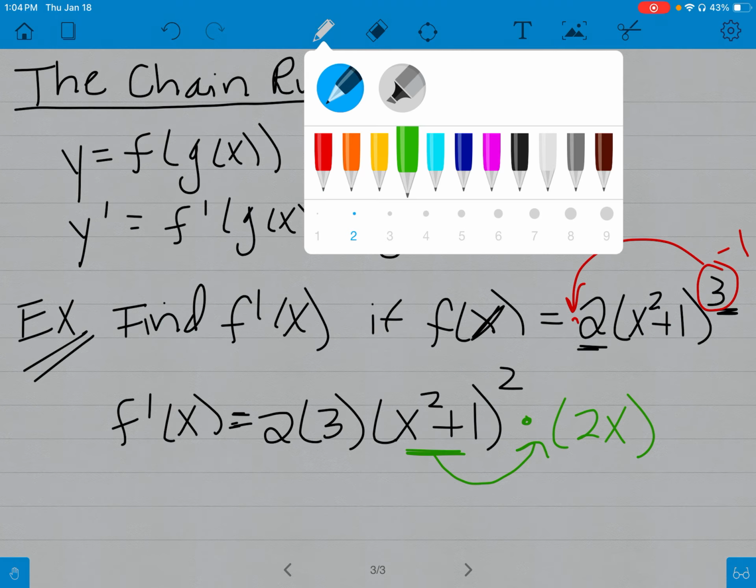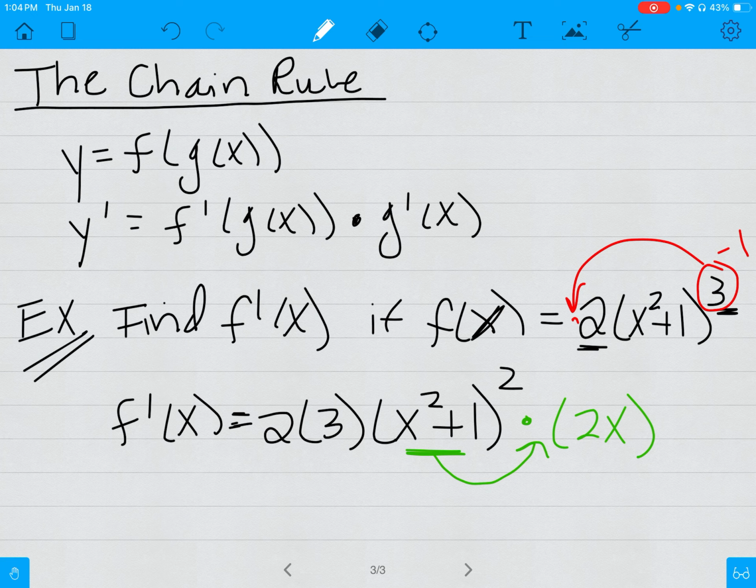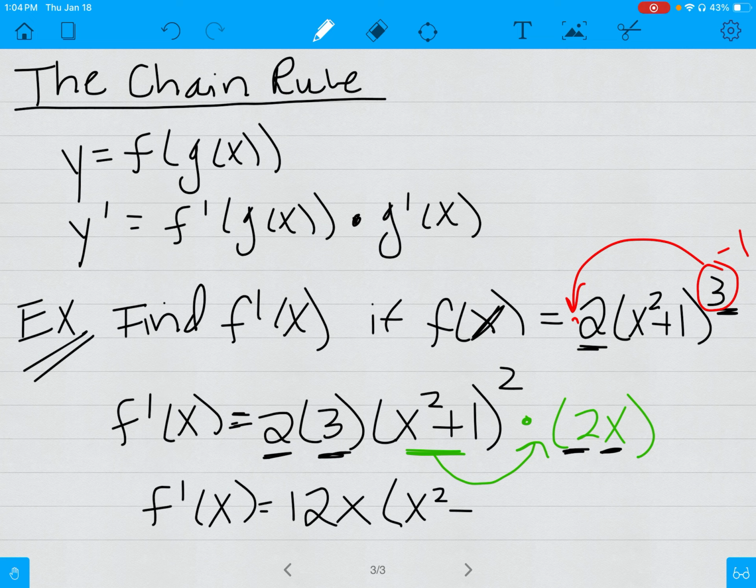So once we're all finished with this particular problem, it's going to say f prime of x is equal to 2 times 3 times this 2. That's going to be 12x, because we had this x right here, times x squared plus 1 squared.